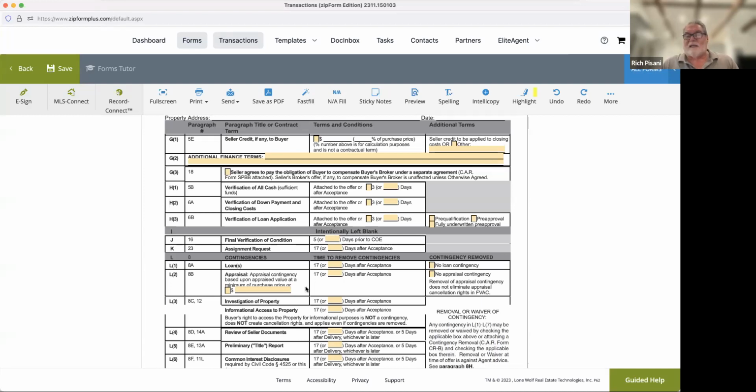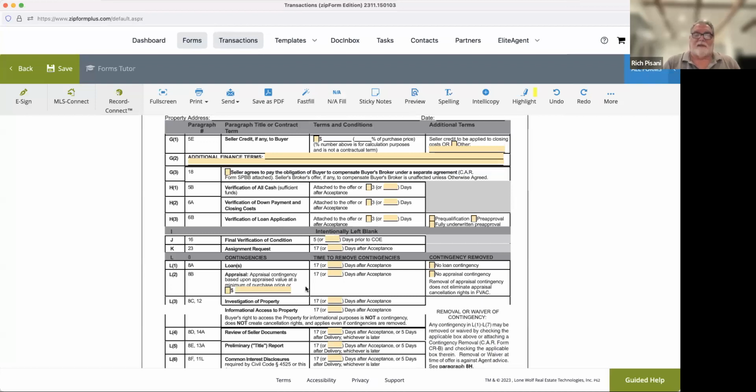It's not a contingency. It's measure for drapes, measure for shutters, do all this kind of stuff. They have the right to access the house. So that's what informational access to property is.